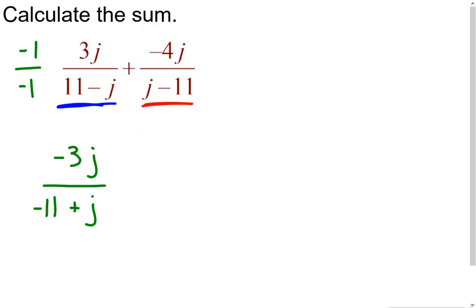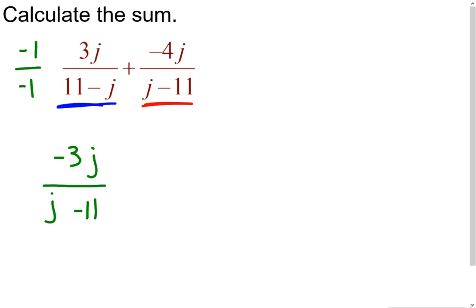So I could take the negative 11, bring it over here, take the j, and bring it over here, and now I have j plus a negative 11, so really I could get rid of the plus sign, and I have j minus 11. Just change the order in an addition problem.